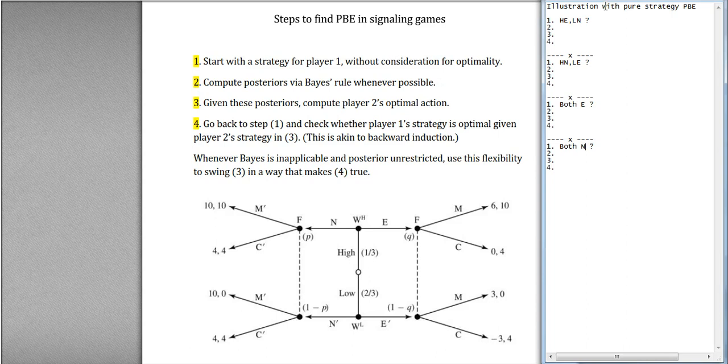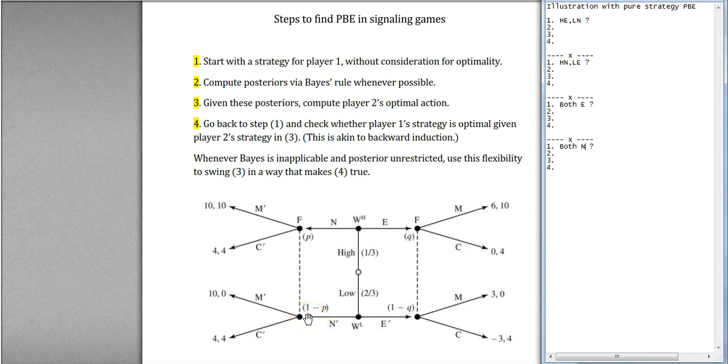Let's start out with, okay, so here's the game. Nature picks player 1 to have high ability or low ability with probability 1/3, 2/3. Then that player, whatever the ability, chooses to either become educated, go to college, or not. Likewise over here.